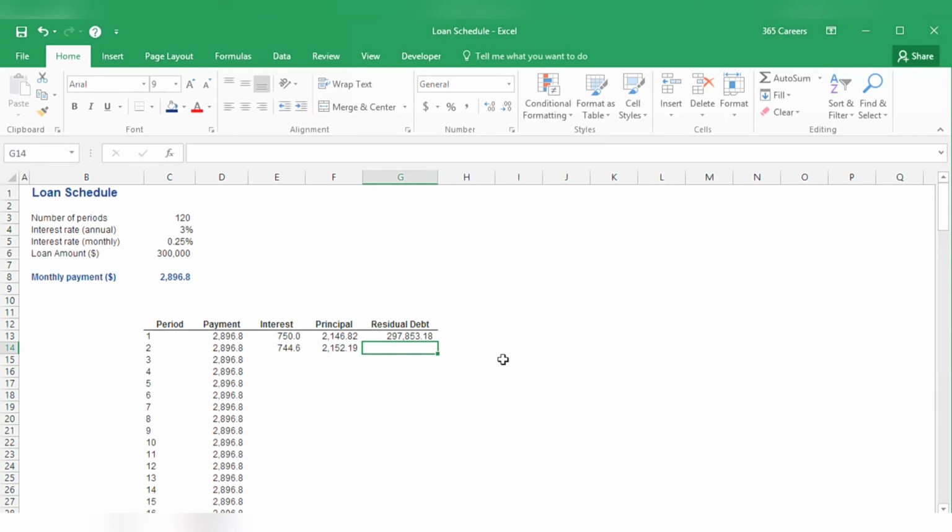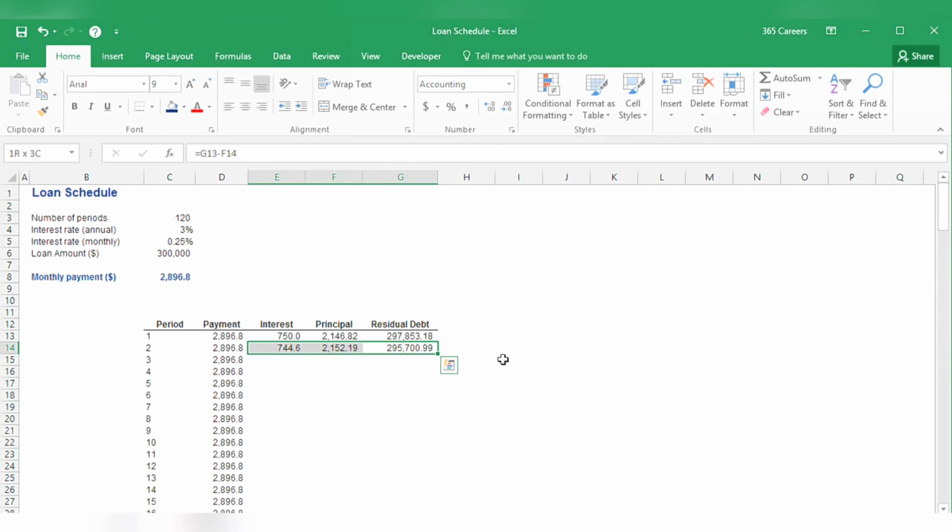Okay, let's calculate the amount of residual debt by taking the difference between the amount due before this period and the principal repaid during this period. Here's our residual debt after period 2.